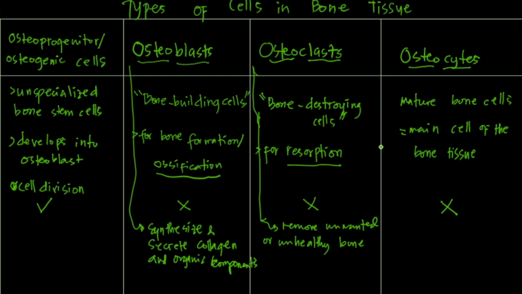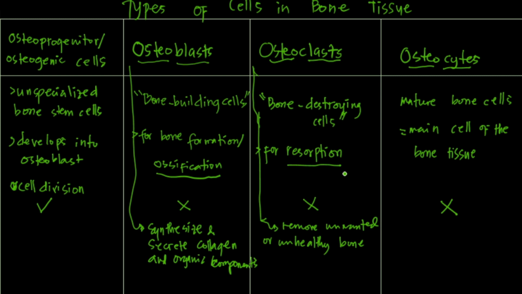Now, to give you some information, since I mentioned osteoclast is a part of normal development, maintenance, and repair of your bones, any abnormality in your osteoclast, like increased osteoclastic activity, can also implicate other diseases. It is one of the characteristics of osteoporosis, one of the diseases that affects your bones.